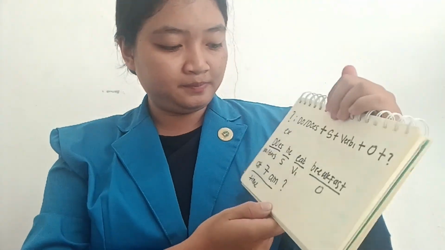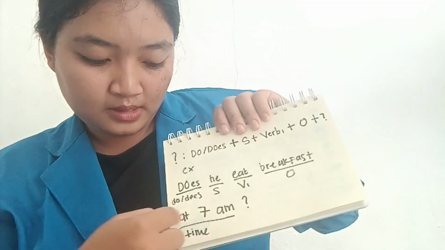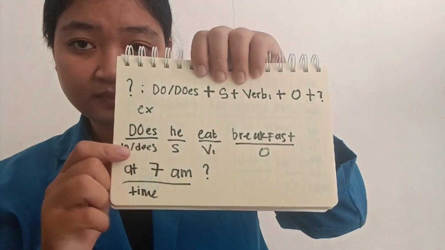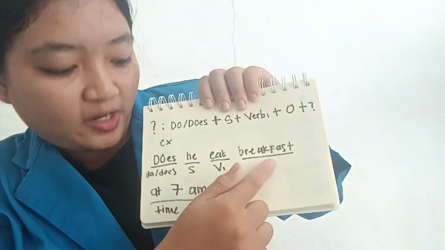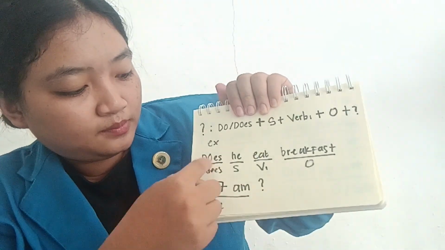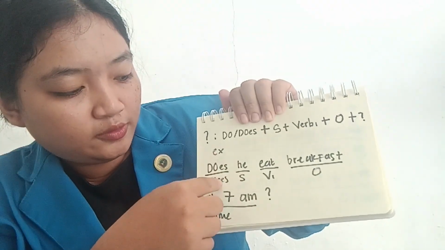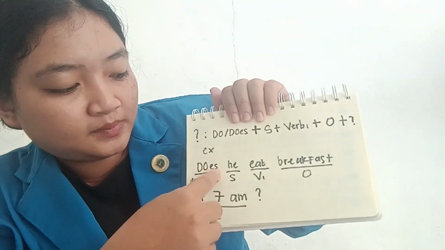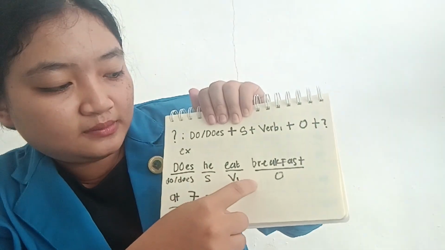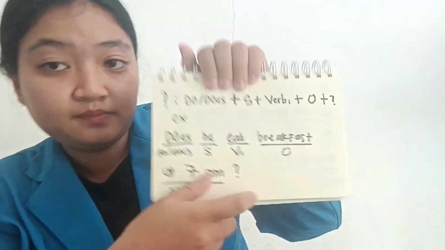For the example: does he eat breakfast at 7 a.m.? For interrogative, we put does or do first, then the subject he, the verb is eat, and the object is breakfast. The time is at 7 a.m.